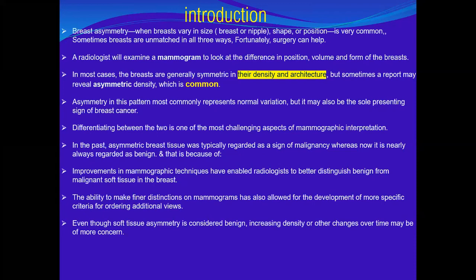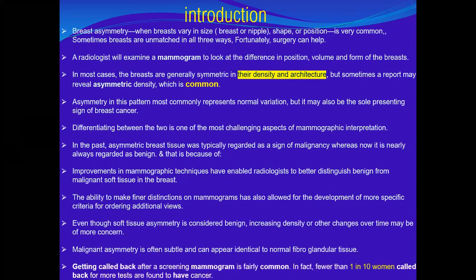Even though soft tissue asymmetry is considered benign, increasing density or other change over time might be of more concern, and malignant asymmetry is often subtle and can appear identical to normal fibroglandular tissue.